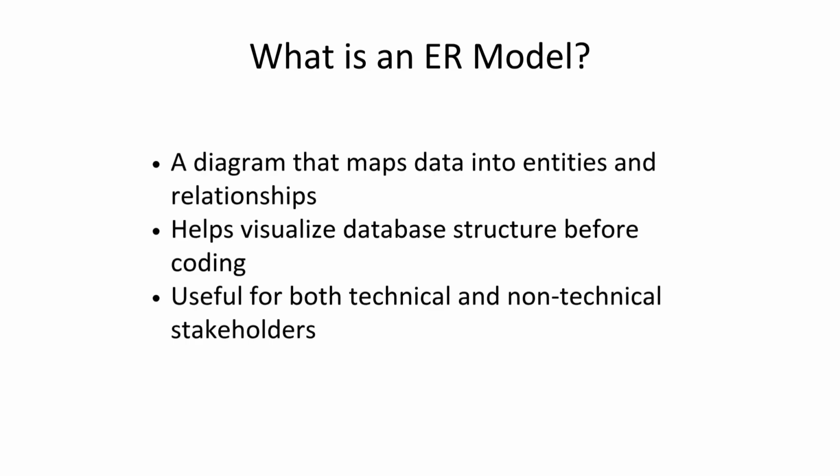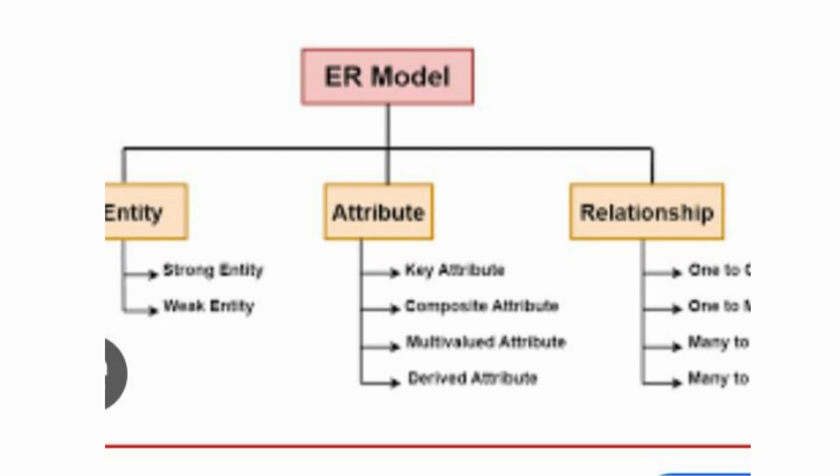These diagrams use clear symbols: rectangles for entities, ovals for attributes, diamonds for relationships. ER diagrams help spot errors, ensure consistent design, and serve as documentation. Next, let's see why we use this model before building a database.